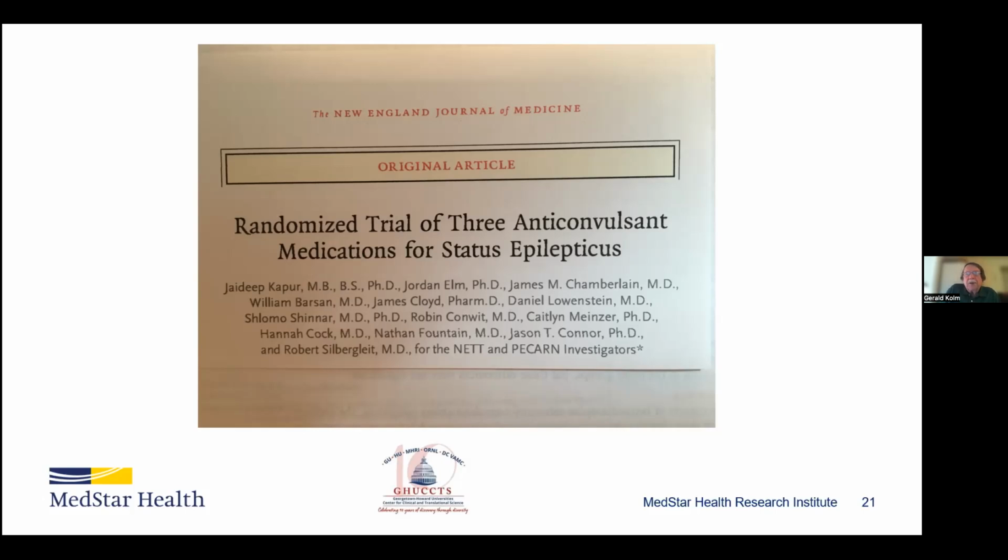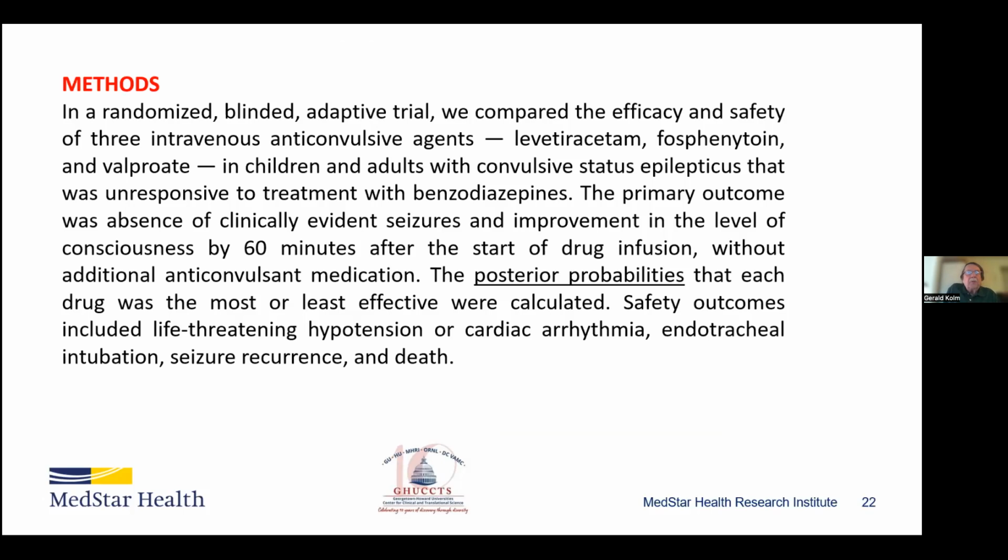I want to go through this in a bit of detail because there will be some new concepts here, and then how they apply Bayesian statistics to their research question. What they did was a randomized trial, and by blinded, that means that the investigators didn't know who was getting which drug.